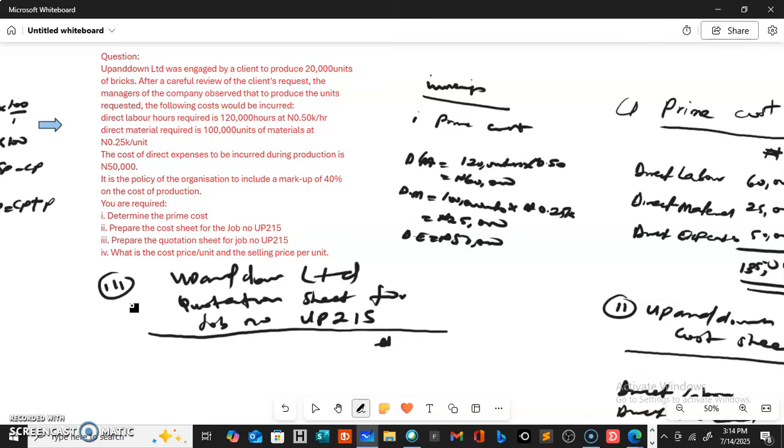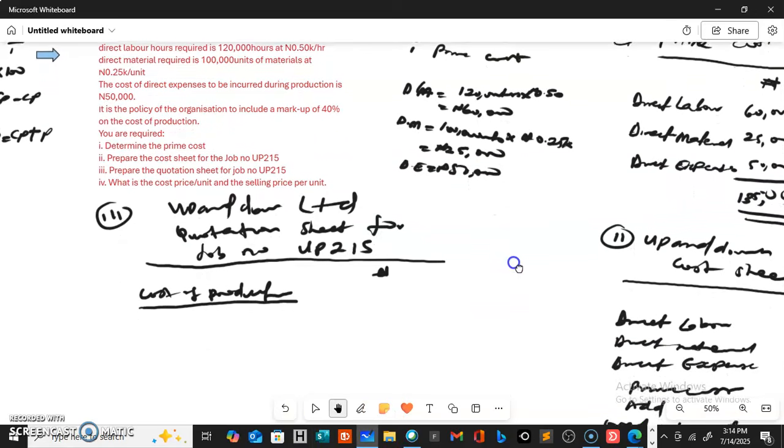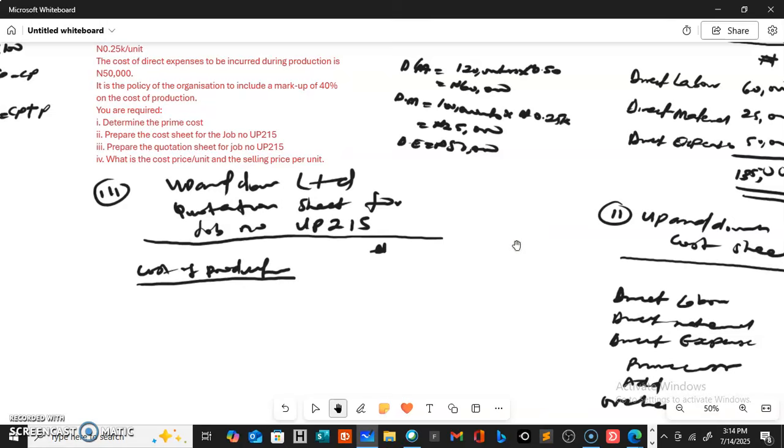So we have cost of production. Let me scroll that up. From our workings, we have direct labor, I'm going to shorten that, direct labor 60,000. We have direct material as 25,000. We have direct expenses, 50,000.